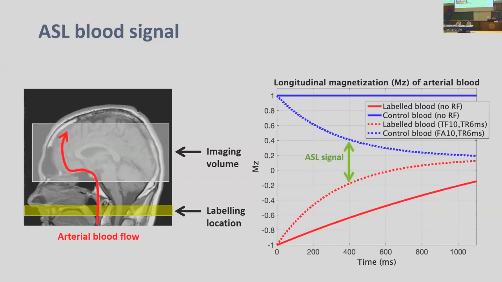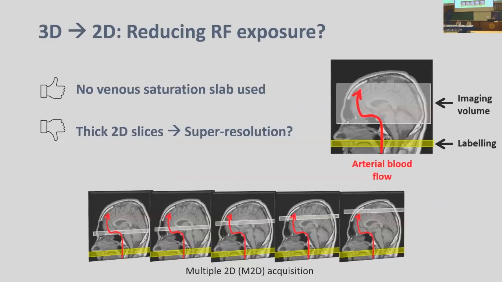However, we have to take into account the imaging volume. Each time an excitation pulse is applied, the recovery of the labeled blood magnetization is accelerated, and the unperturbed blood magnetization in the control image gets saturated. Taking both effects together, it's clear that the ASL signal decreases significantly. So how can we reduce this RF exposure?